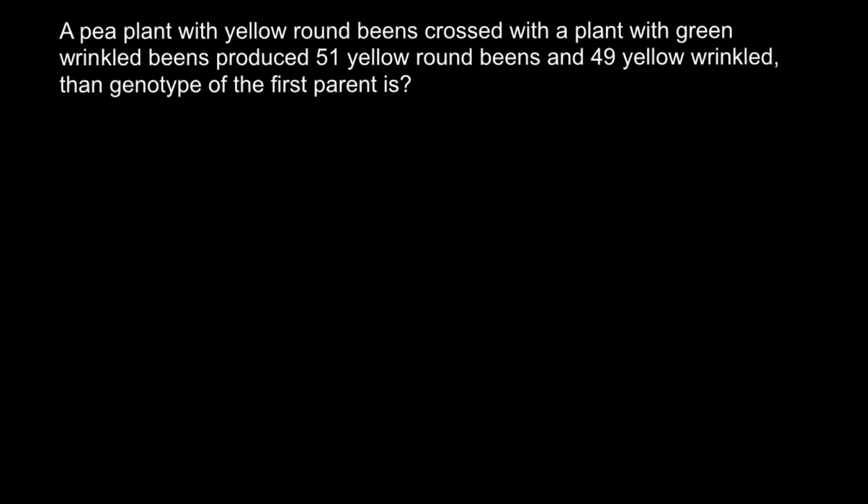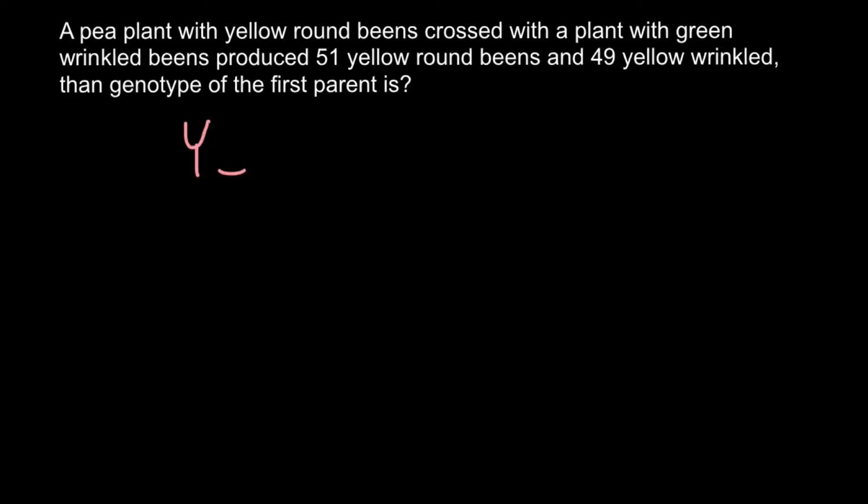So let's start with analyzing the genotypes of the parents. Right now we cannot tell the genotype of the first parent, except that at least one allele for yellow color has to be dominant, because yellow is dominant, and the second we don't know yet.